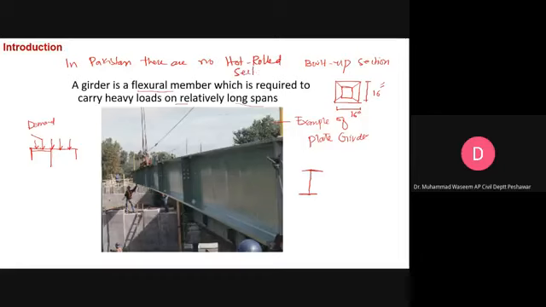If you go to the field, you have to make them, but the plates are available. So the plates you have to connect and come up with this section. Mostly you will be dealing with plate girders when you go into the field. For example, if you get an opportunity to work in a consultant firm, then you have to deal with plate girders.